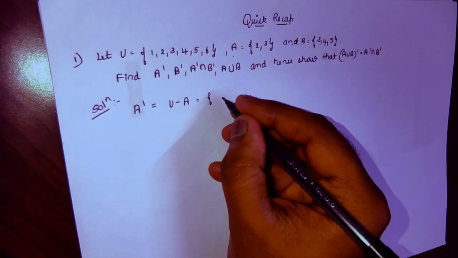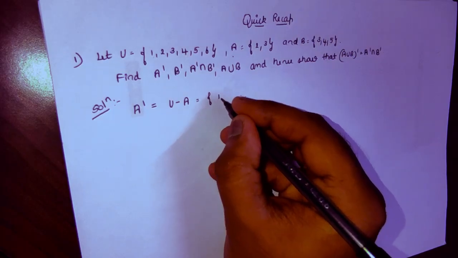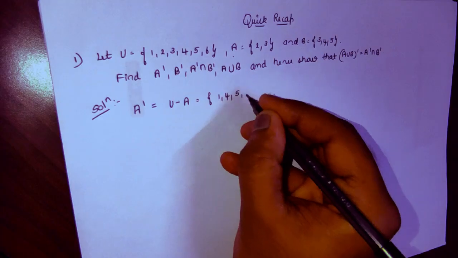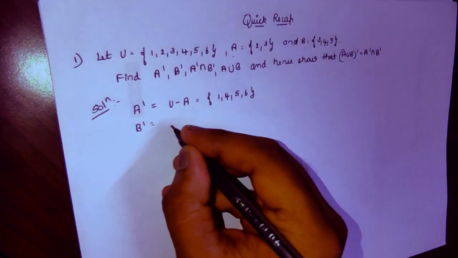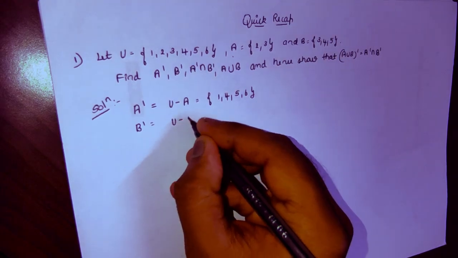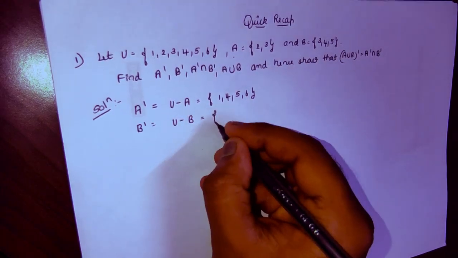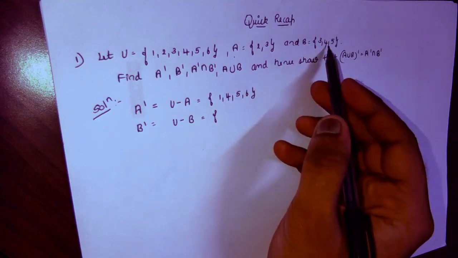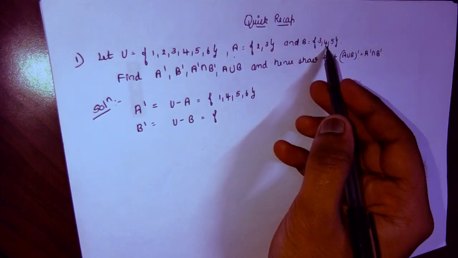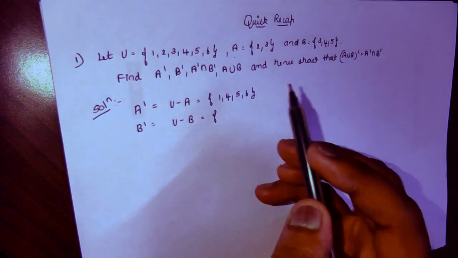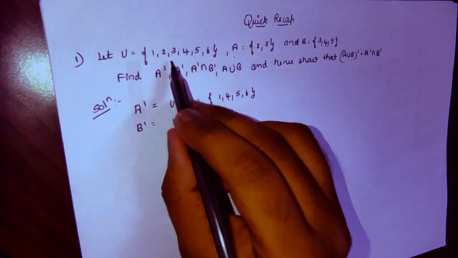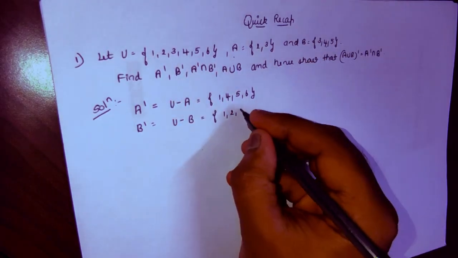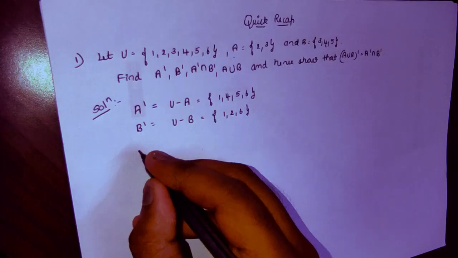Whatever else is there in the universal set is the answer: 1, 4, 5 and 6. Now we will find B dash. B dash is universal set minus B set, so remove what is common between the universal set and B set; the rest is B dash. 1, 2, 3, 4, 5 are common, so B dash is 1, 2, 6.